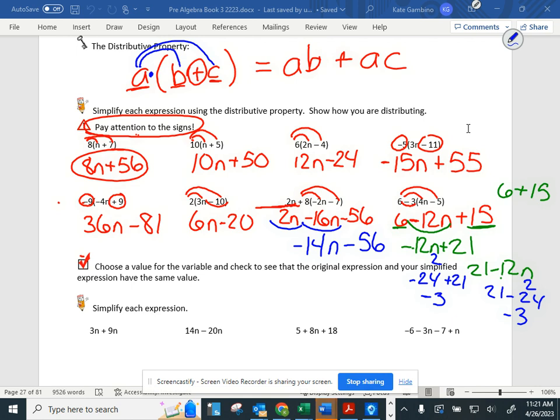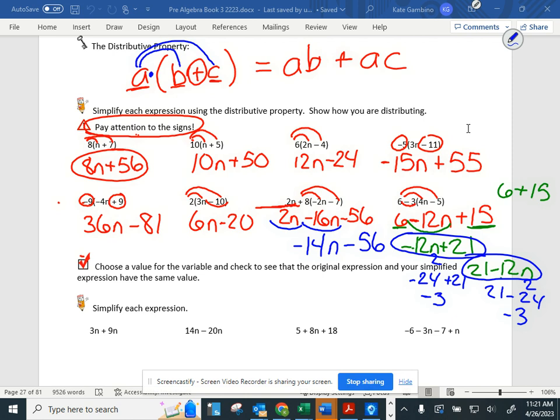So we get the same answer as long as you make sure that your minuses and negatives stay together, your positives and your pluses stay together. On the test, I will accept it either way, as long as you keep your positives and negatives where they're supposed to be. That makes sense?